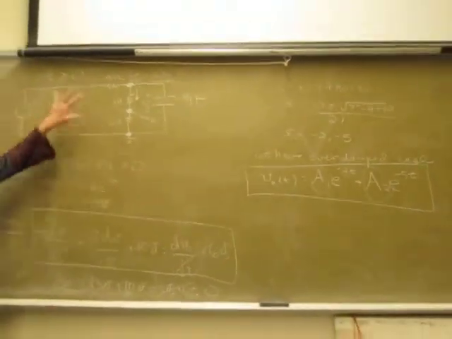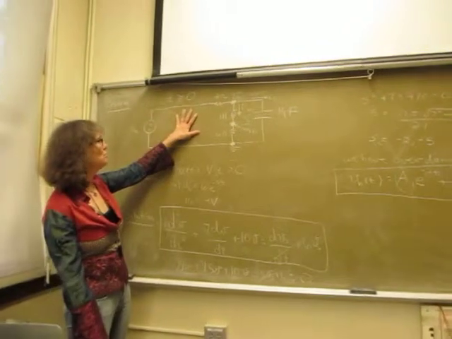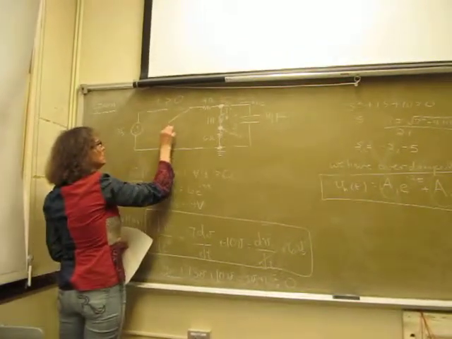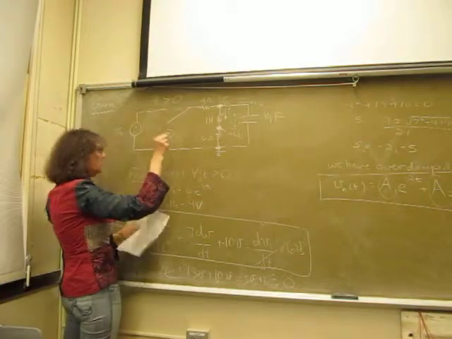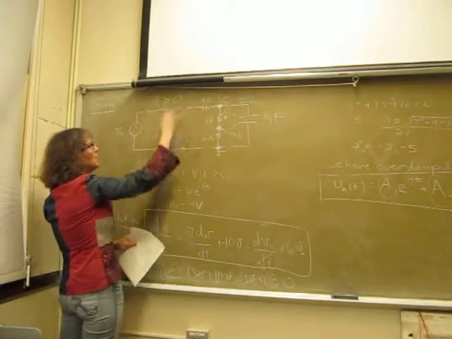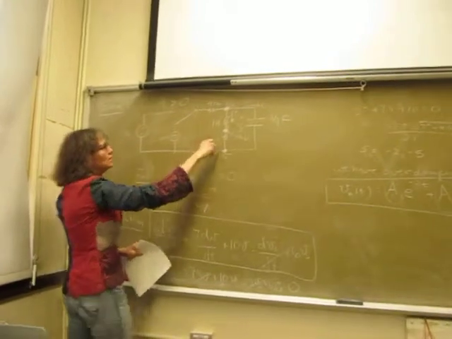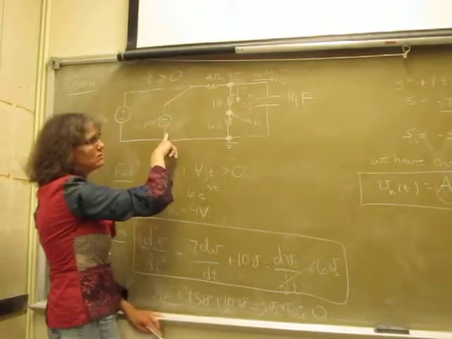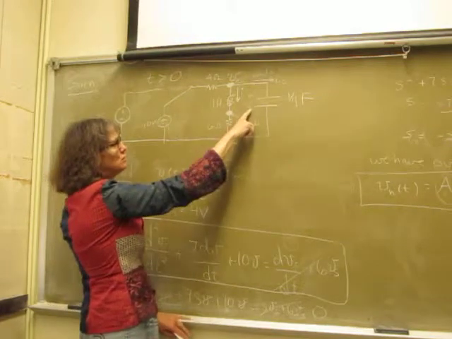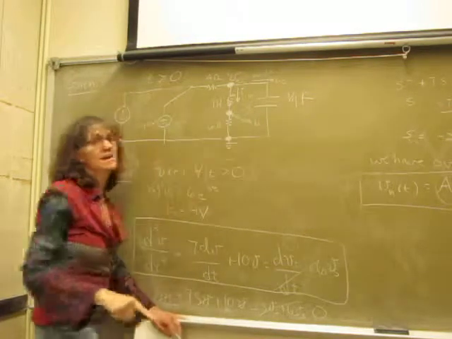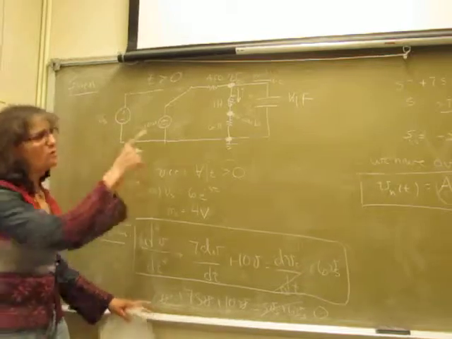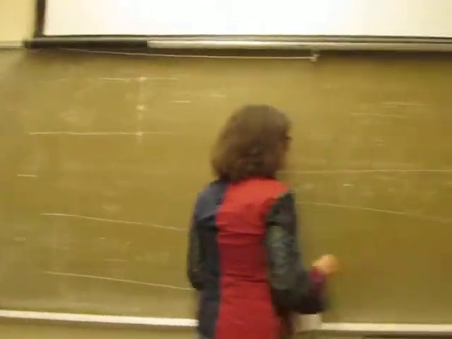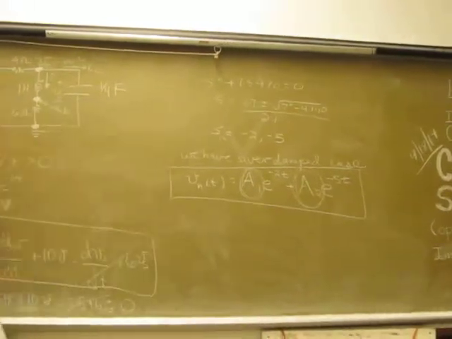That's why, at some point, I'm going to have to go back to the original circuit, to when the switch was in this position with a 10-volt source here, and find the current at t equals 0 minus and the voltage at t equals 0 minus. That gives me my initial conditions. I don't feel like doing it right this second.